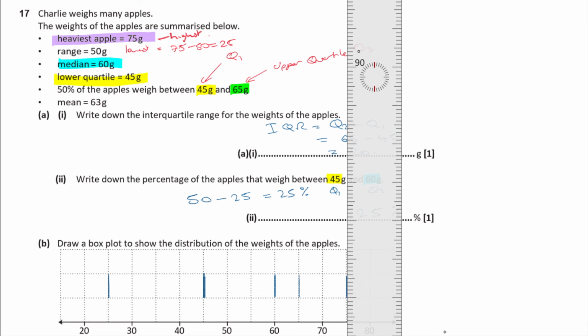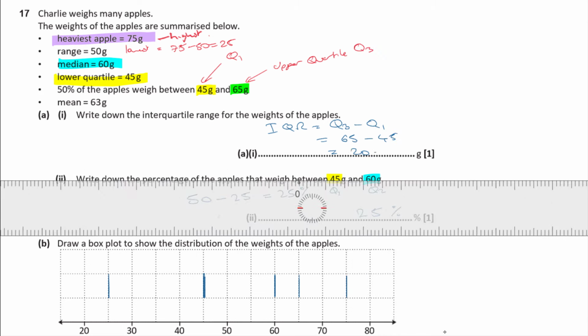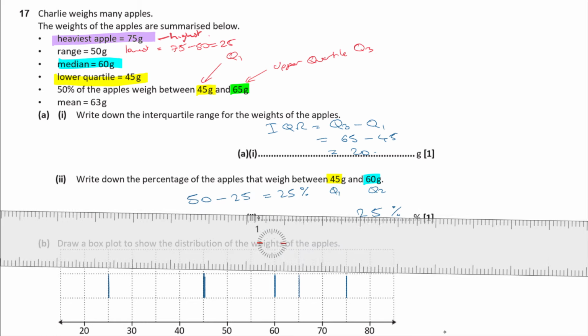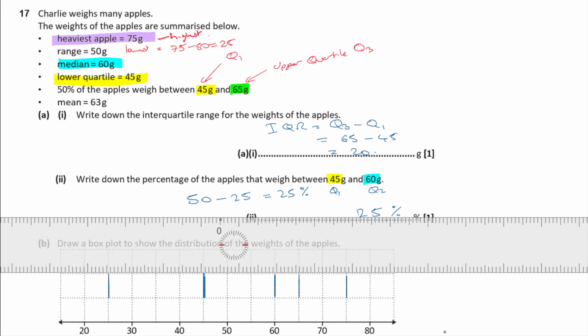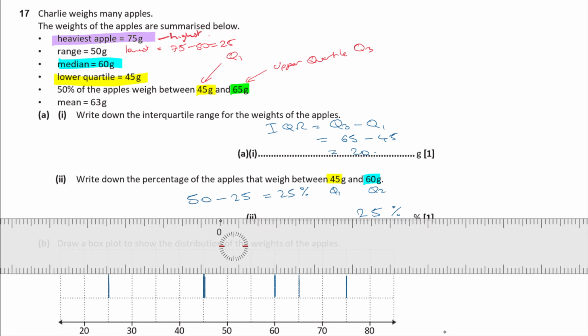Okay, when I've got all my lines on, I can just finish it off. I'm going to make this bit in the middle into a box because it's a box plot, so it should be a box in the middle.